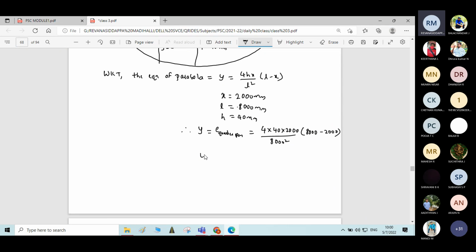By this we get the eccentricity at the quarter span. Check the answer, it is 30 mm.